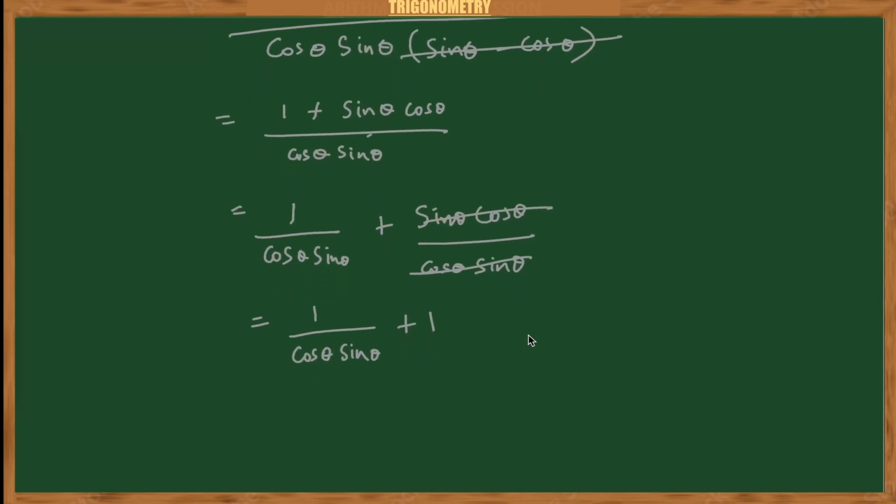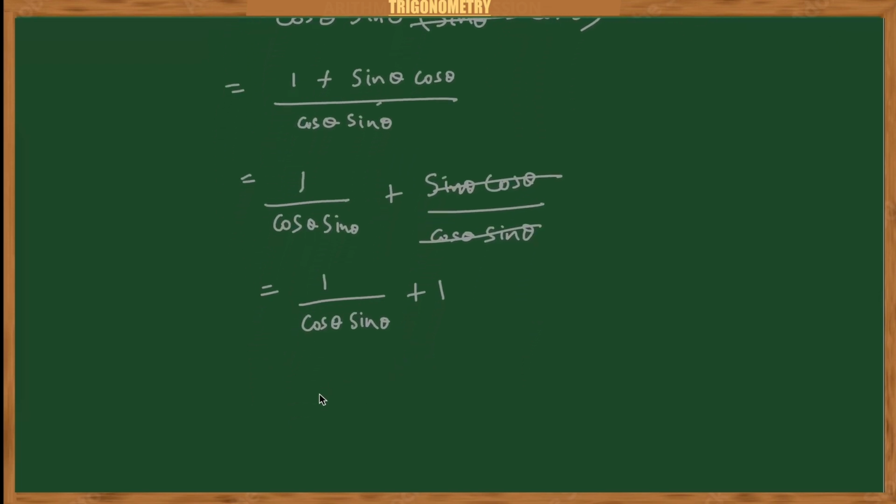Okay, so we have seen that the right hand side of the question was represented as 1 plus secant theta into cosecant theta. So when we are doing the simplification, we convert into sin and cos. So we'll do the reverse now. So 1 by cos theta, here we are going to represent this.